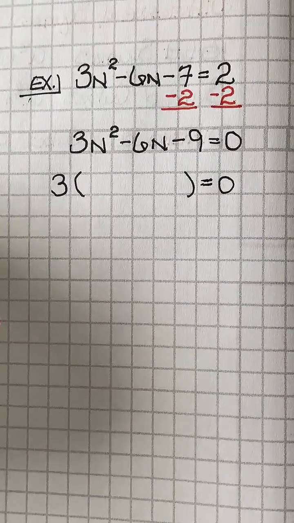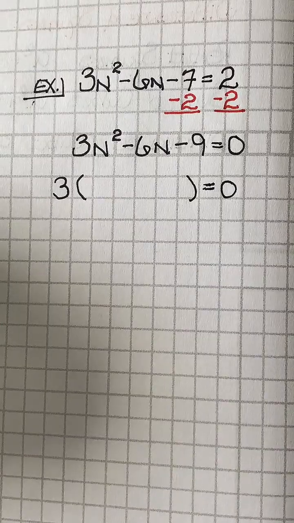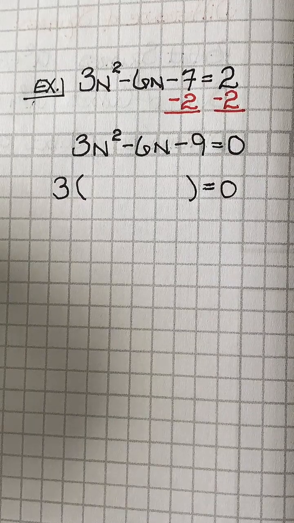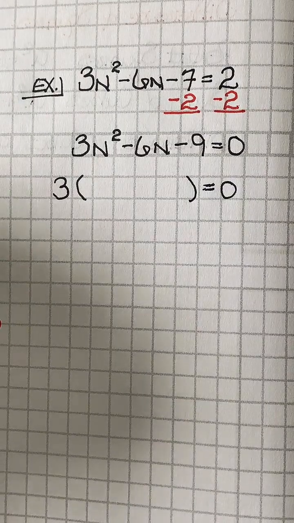Yep, our GCF is 3, good. Okay, so we have n squared minus 2n plus 3, and then we have n squared minus 2n minus 3.